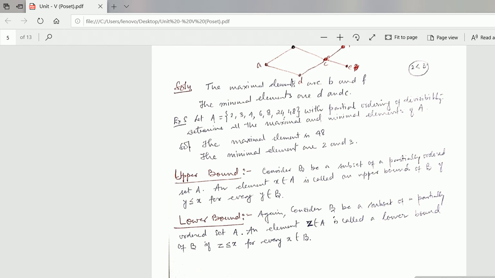Let us start with another topic, that is upper bound and lower bound. What is an upper bound?